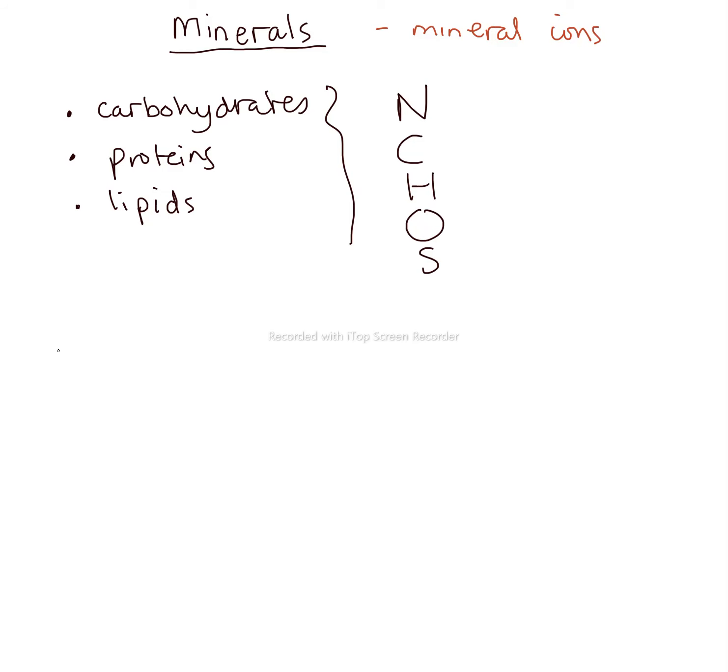So there's a few that we need to learn. So for example, if I said to you calcium, phosphorus, magnesium, let's look at these 3 first. Right, if you can learn these this way, it's probably easier.